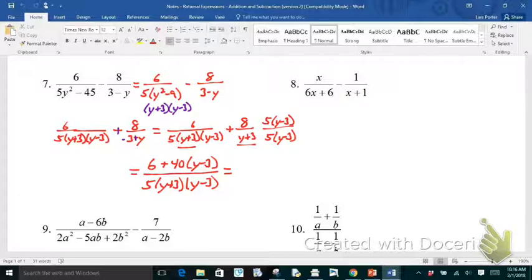When I distribute 40, I'll get 40y minus 40 times negative 3. So I'm going to get 6 plus 40y minus 120 over 5 times y plus 3 times y minus 3.